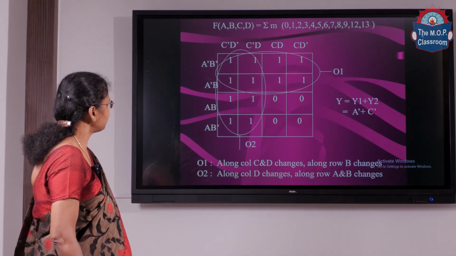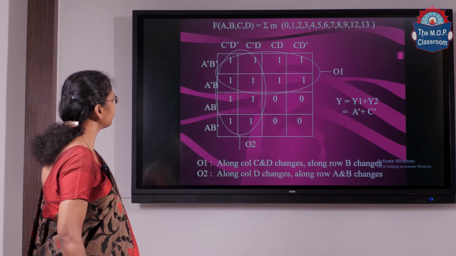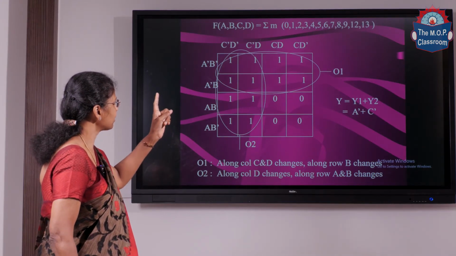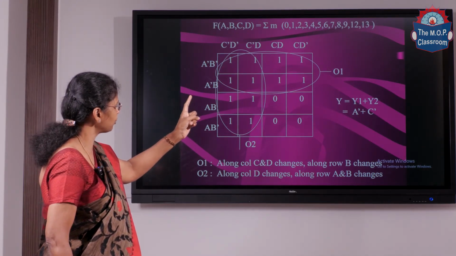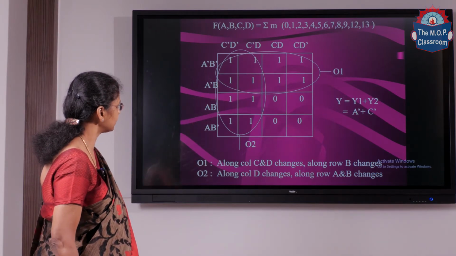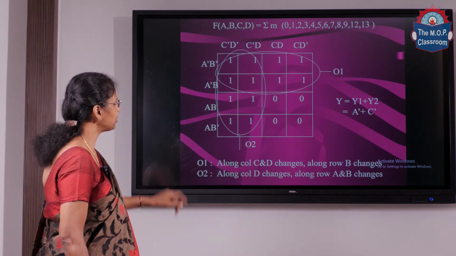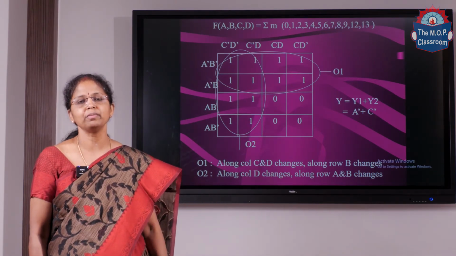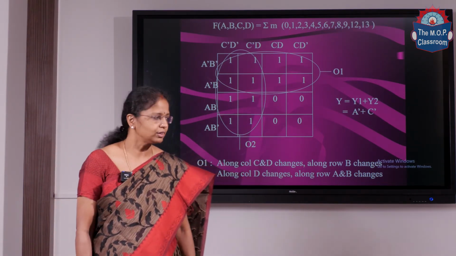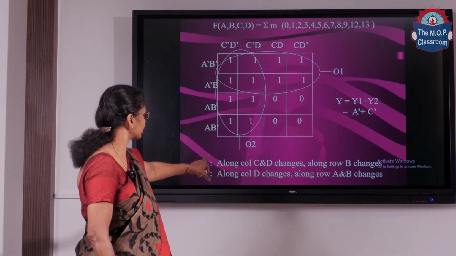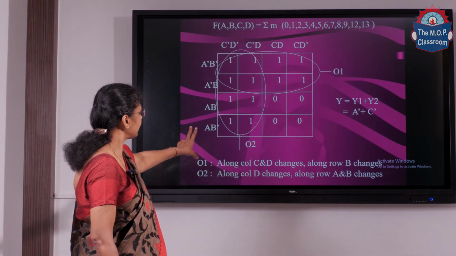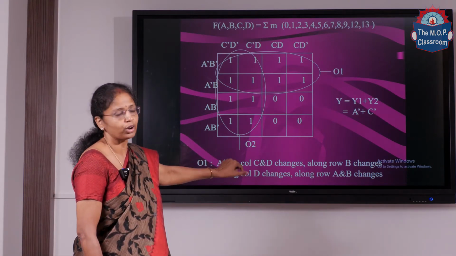Next, another example. I have a Boolean function f of a, b, c, d equal to summation m 0, 1, 2, 3, 4, 5, 6, 7, 8, 9, 12, 13. If I represent this in the K-map, I will be able to form 2 octets. We can write the expression for the octets. The first octet includes column 1 and column 2.